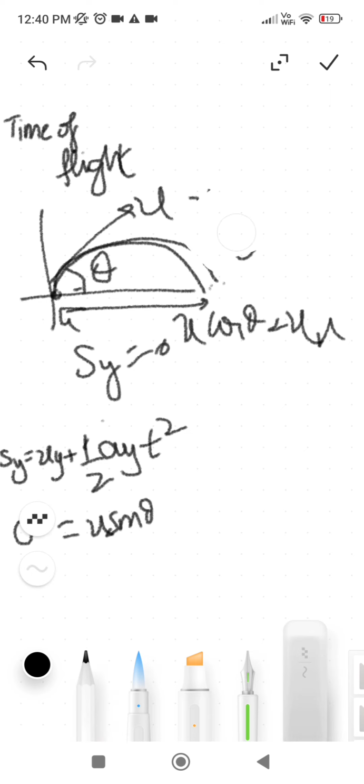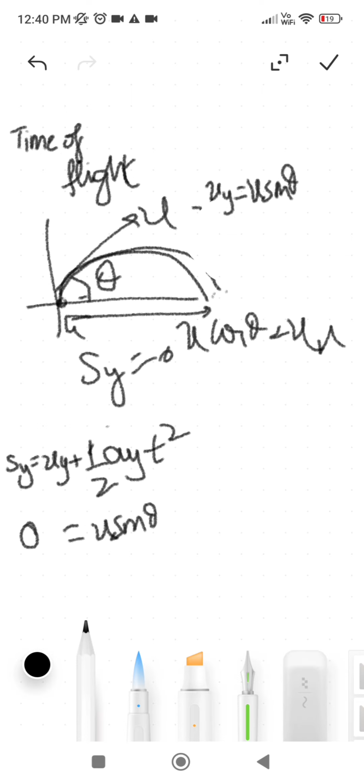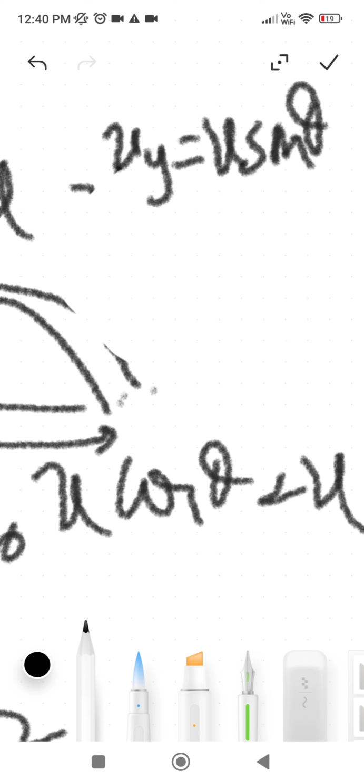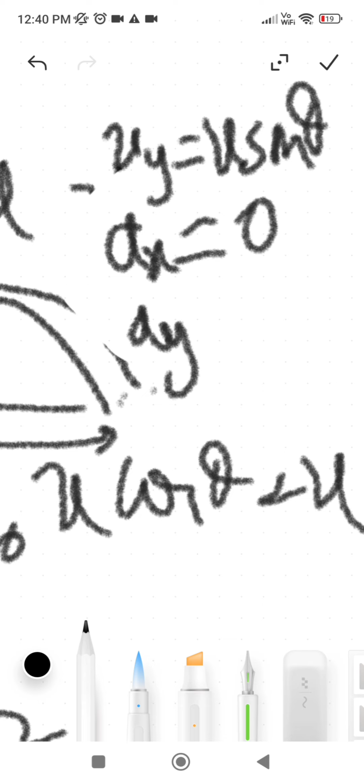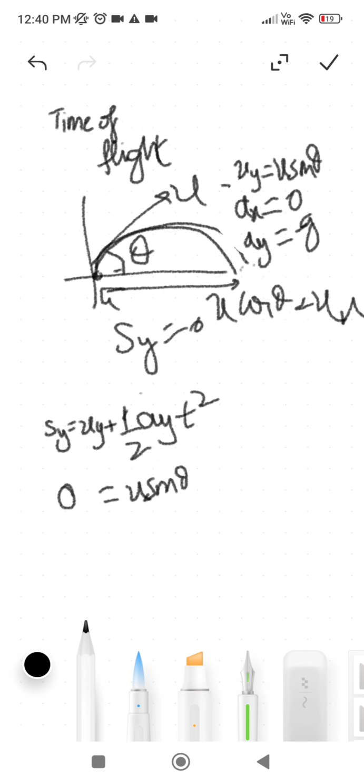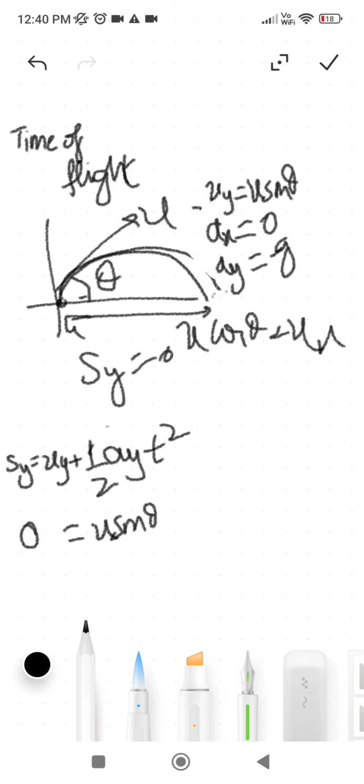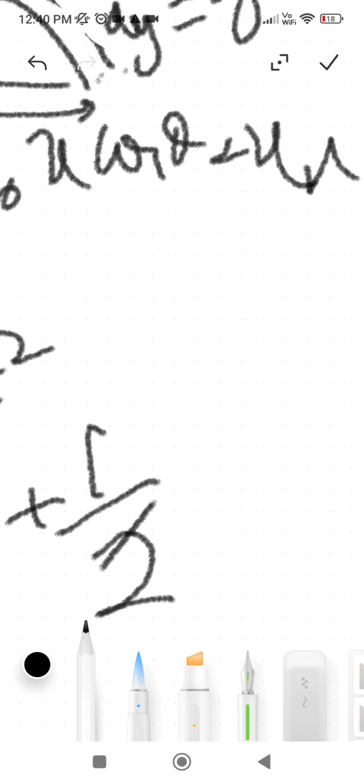Talking about the accelerations, along the x direction we have 0 acceleration, along the y direction we have negative g, as I have explained in the previous part of this video, plus half minus g t square.